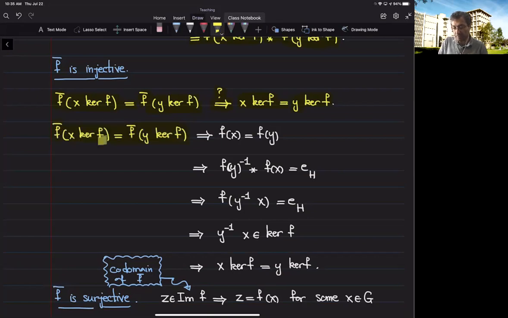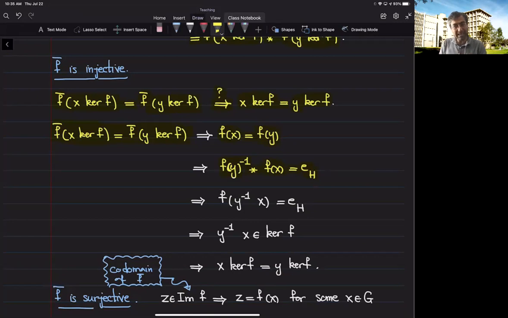By definition, F bar of this coset is F of the representative, and F bar of this coset is F of the coset representative. Now, we are going to multiply both sides by the inverse of F of Y from the left, and I end up getting F of Y inverse star F of X is equal to, as I multiply by the inverse of this element, the neutral element of the codomain.